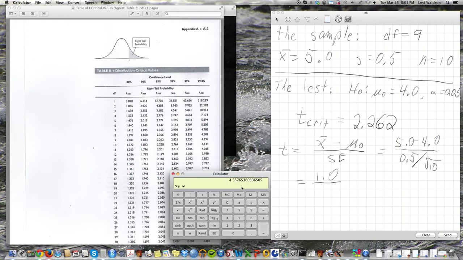I'm going to go 0.5 divided by 10 and hit the square root button. It's 0.158.